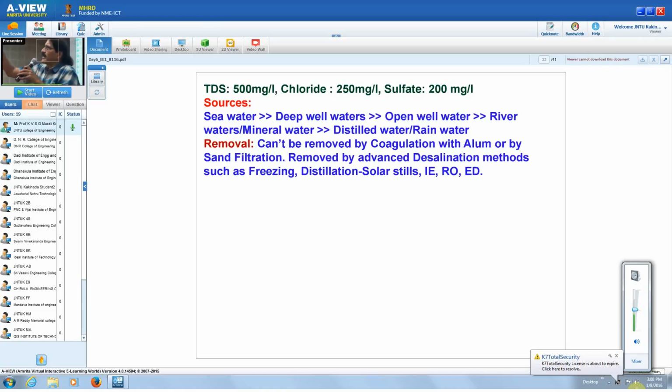We take a small alum piece, we mix the contents like this for a while, and then just leave it. After 5 minutes, you will find the water very clear. Use it for drinking purpose. Only in the bottommost portion, some sludge will settle. That you remove, or use a cloth.